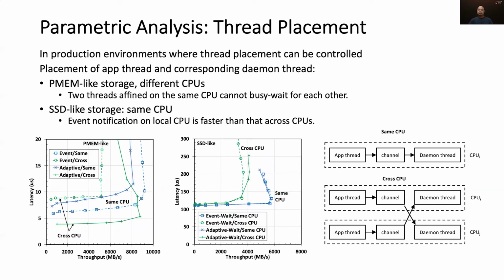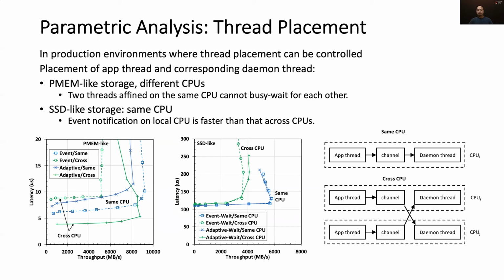In production environments where thread placement can be controlled, we can further improve IO performance. For PMEM-like storages and modest workload, if we place corresponding application and daemon threads on different CPUs, we will fully enjoy the reduced latency from bid wait and achieve higher throughput.